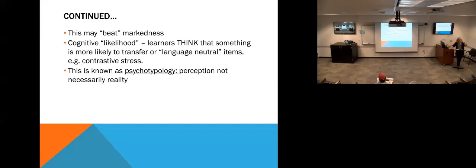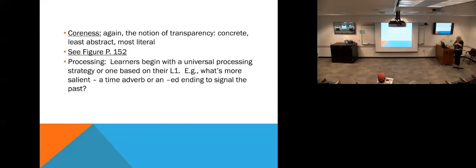It's so innate that it's a processing strategy that we use, right? But it's in fact based on our L1 because there are other languages where contrastive stress doesn't happen. So there you can think of perceptual salience, right?